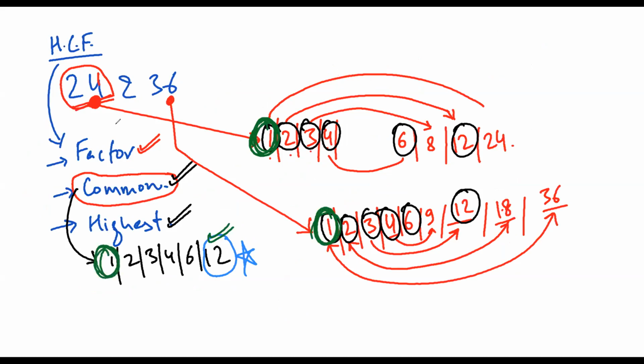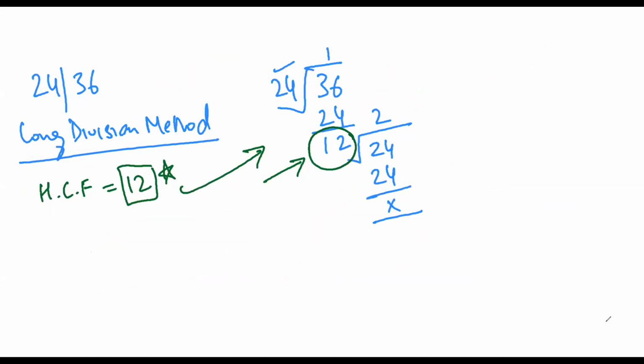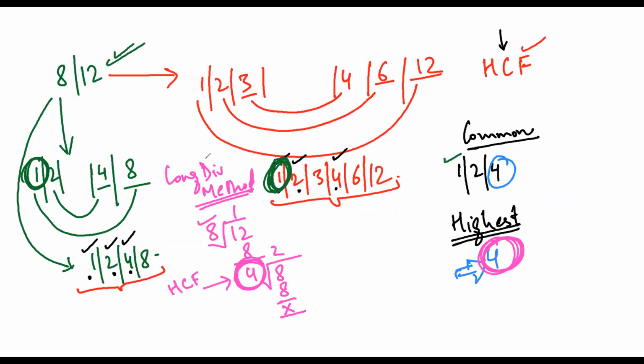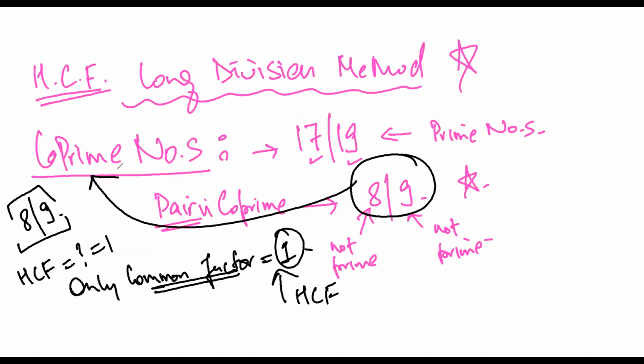But in these cases, 24, 36, and 8 and 12, what we find is that yes, one is the common factor, but one is not the highest common factor. But when we take co-primes, the only common factor is 1, and because that is the only common factor, it becomes the highest common factor.